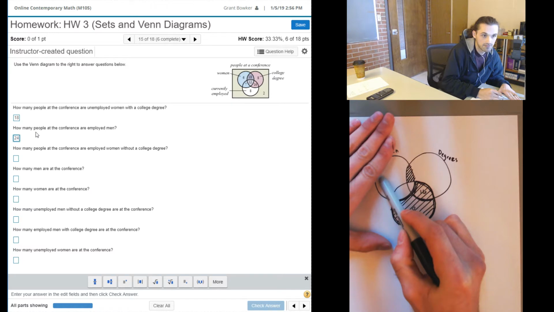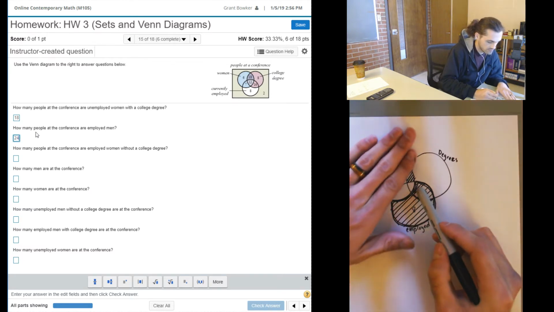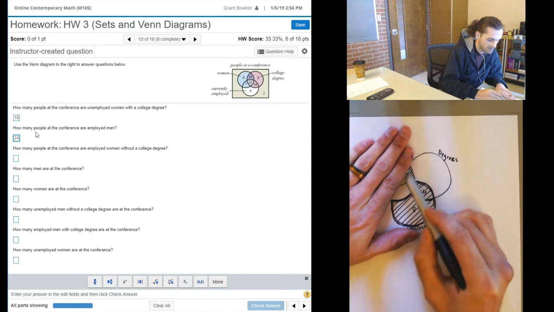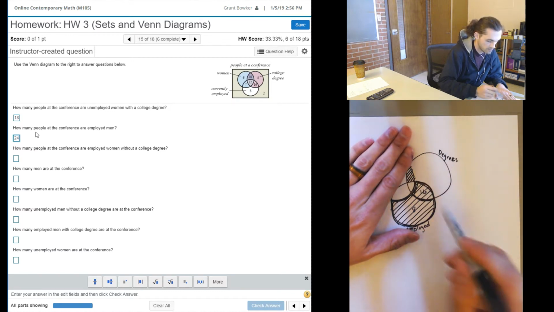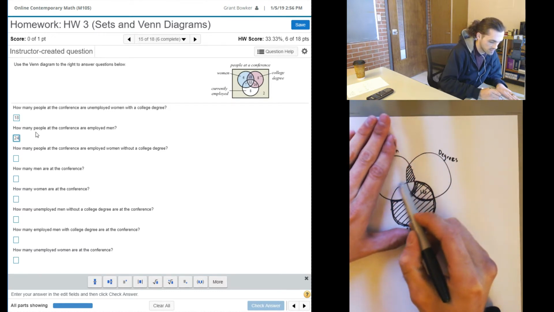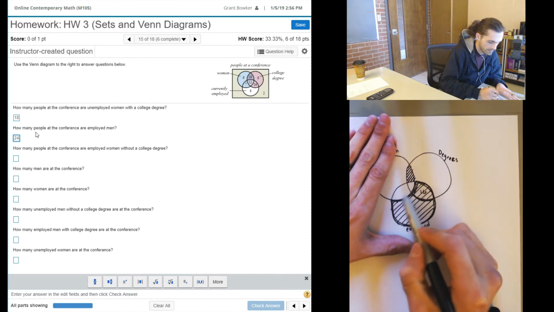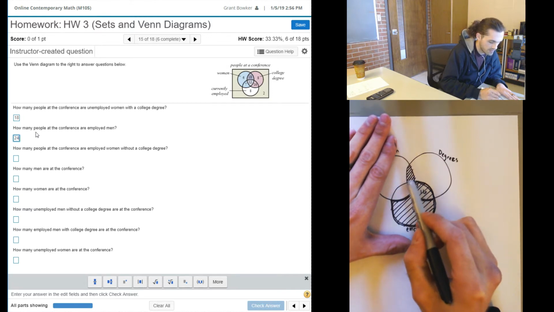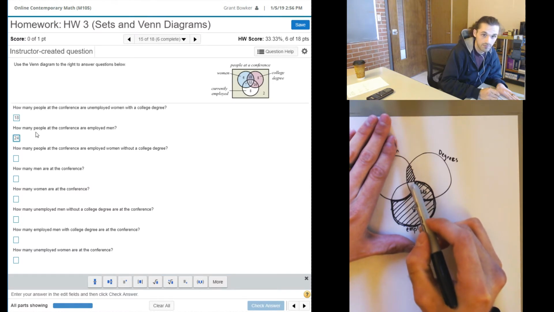The last restriction is without a college degree. So that means you can't have a college degree. So your focus was this football-shaped piece. Then that last restriction of not having a degree says, well, you can't live here.